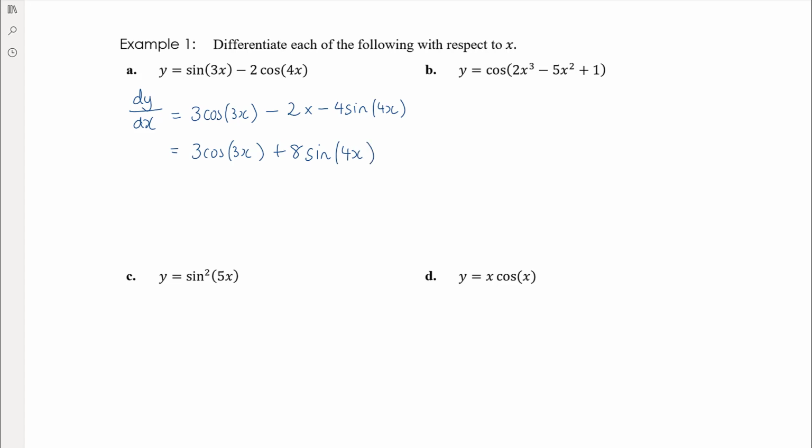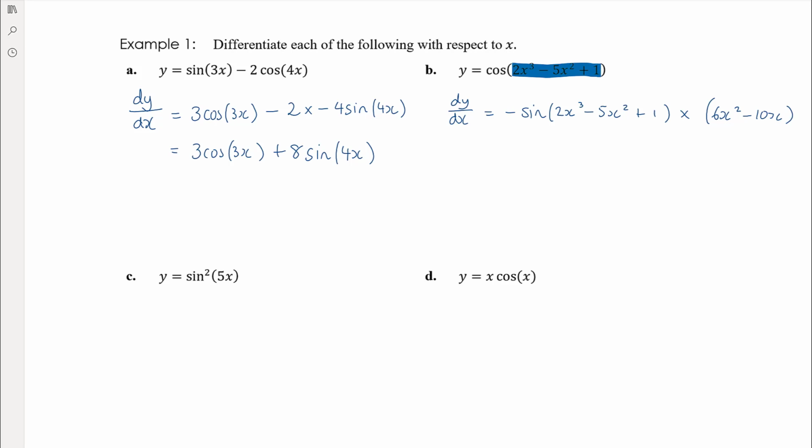Okay, B. Again, we're going to need the chain rule here. So we've got cos of something. The derivative of cos of something is negative sine of that something. And then we're going to multiply by the derivative of that something, which is going to be 6x squared minus 10x.